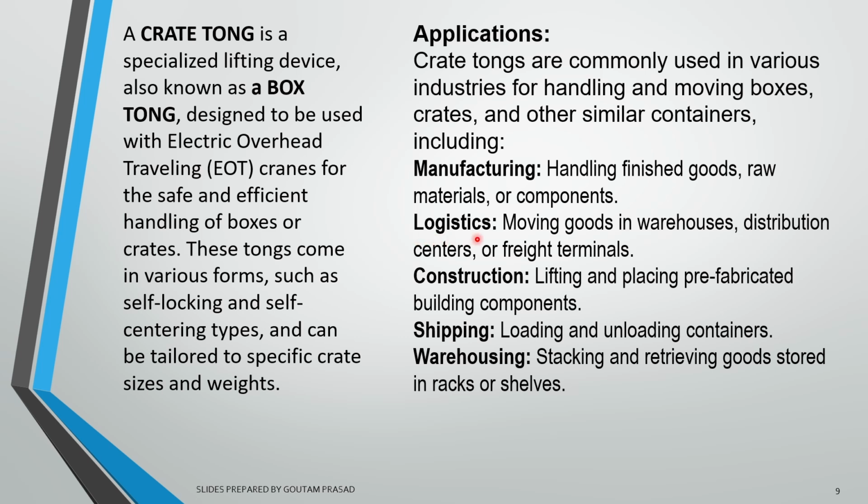In logistics, they are used for moving goods in warehouses, distribution centers, and freight terminals. In the construction industry, they are used for lifting and placing prefabricated building components. In the shipping industries, they are used for loading and unloading of containers. In the warehouses, they are used for stacking and retrieving goods stored in racks or shelves.